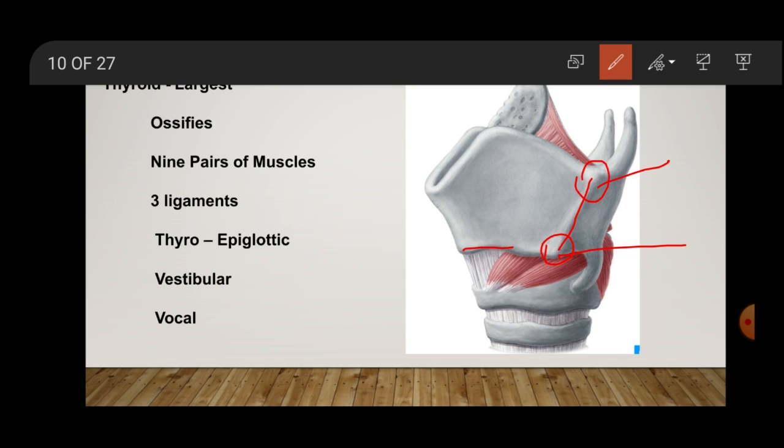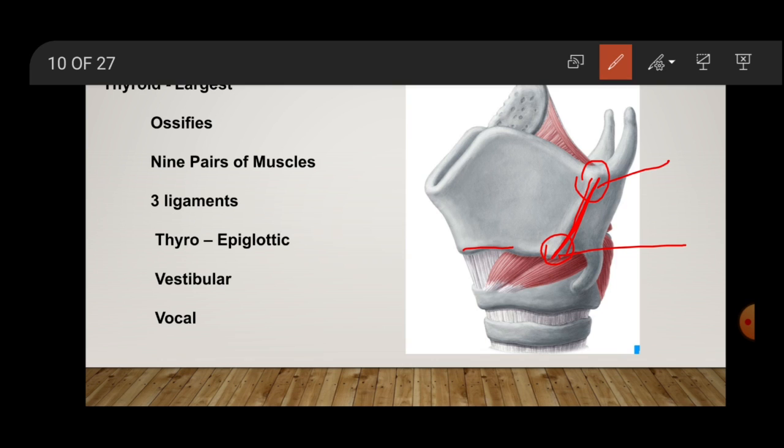This oblique line gives attachment to sternothyroid, thyrohyoid, the inferior constrictor of the pharynx, and the pretracheal layer of deep cervical fascia.